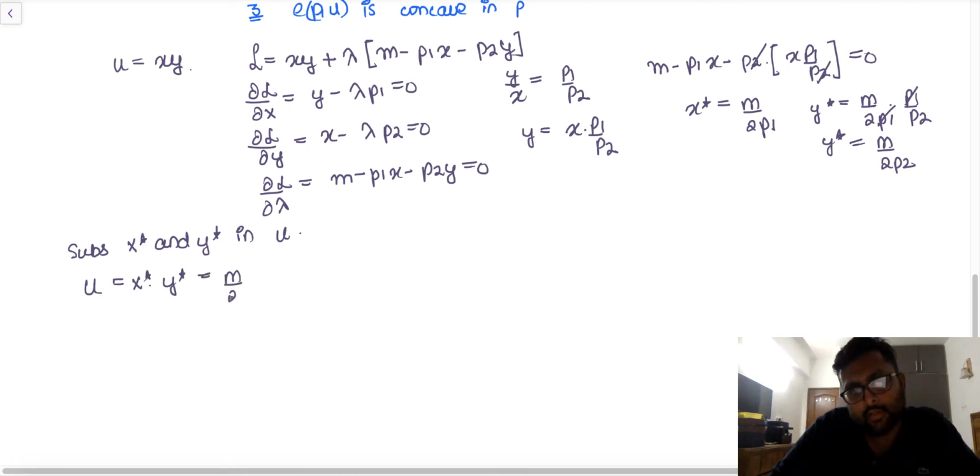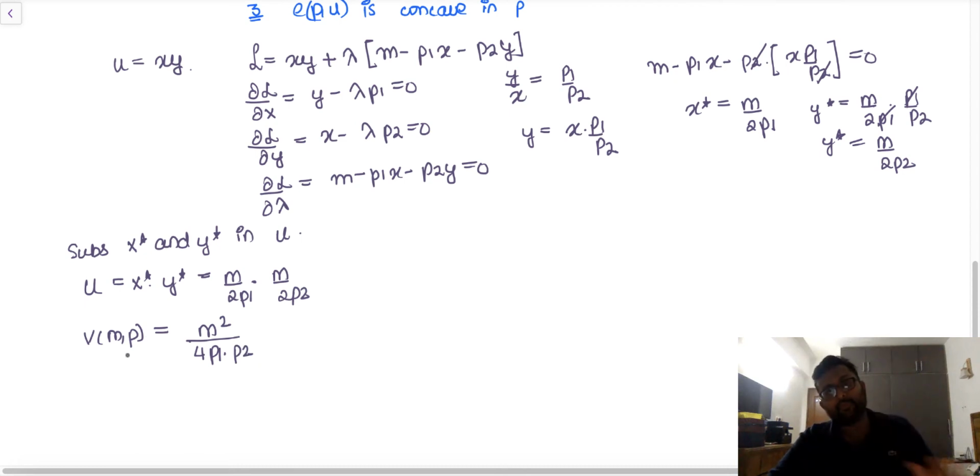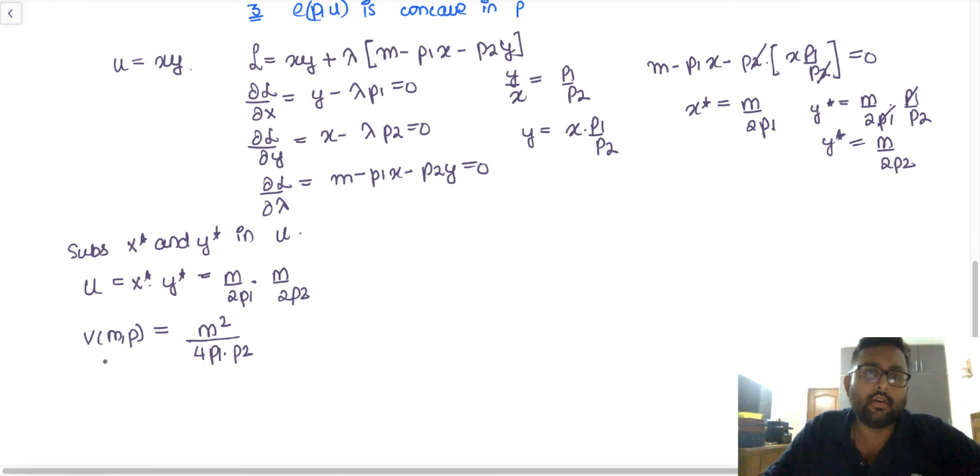So it is m by 2 p1 times m by 2 p2. So the indirect utility is m square upon 4 p1 p2. This much is the same as the last question; we have found the indirect utility function like this.